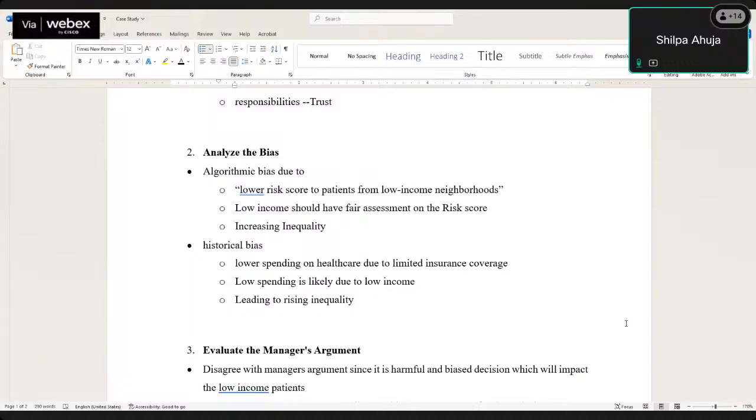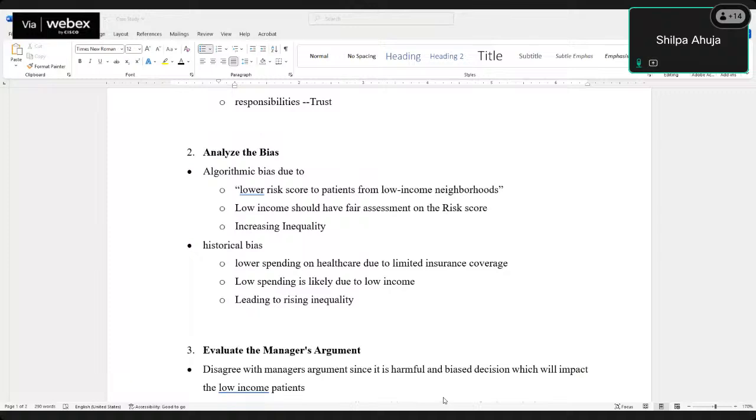Second, there is also a historical bias created due to the data being fed in terms of the spending they do on their healthcare. That spending is determined using the insurance coverage in that low income neighborhood, and again the low income is the real cause behind the low spending on insurance coverage. So again, this is leading to rising inequality.